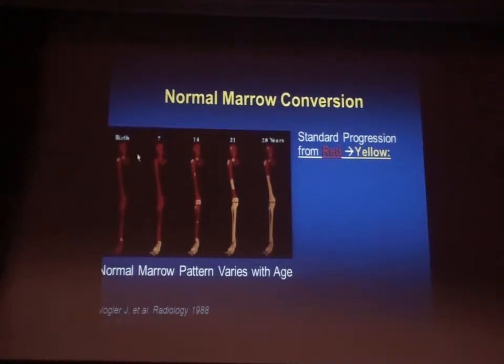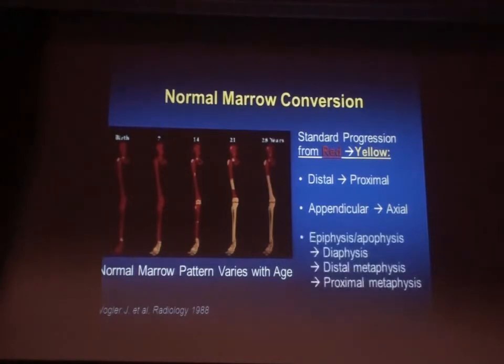So it's almost the entire marrow space is hematopoietic marrow in the beginning, and it converts regularly from distal, so the distal areas become fatty first, to proximal, from the appendicular skeleton to the axial skeleton, and then from the epiphysis to the diaphysis, and ultimately to the metaphysis.